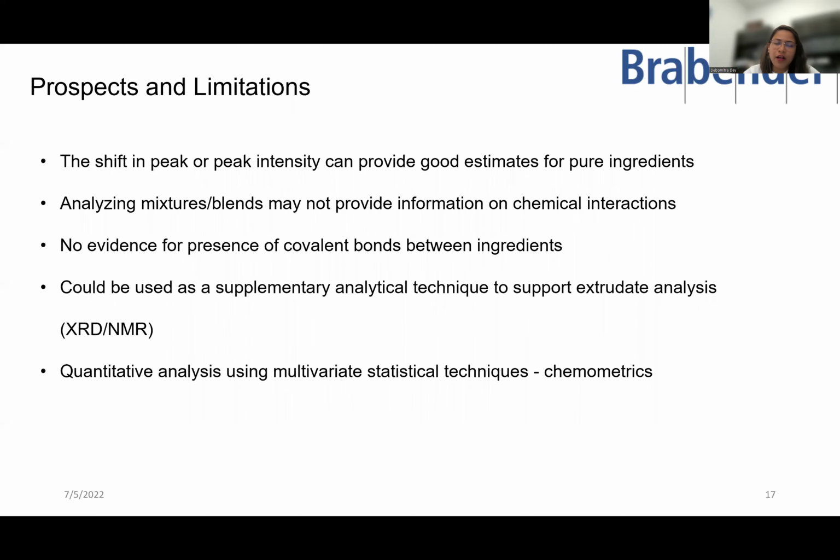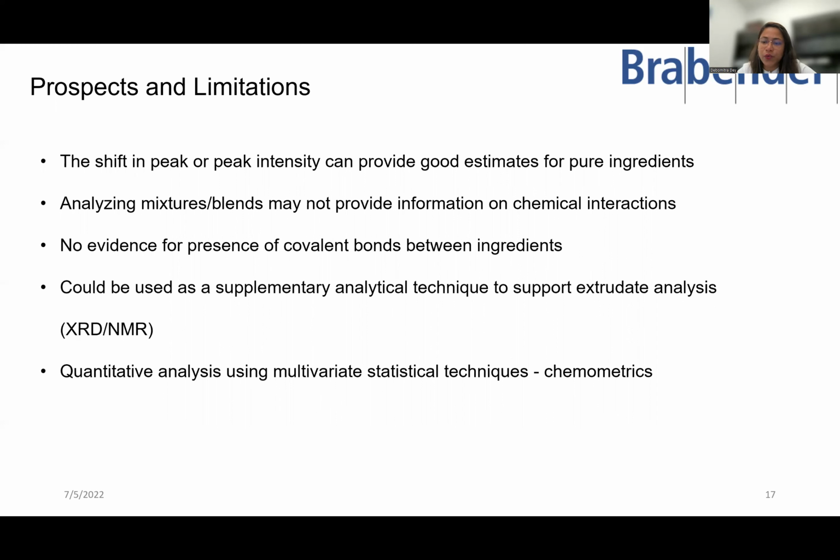So that's the reason FTIR spectra cannot possibly help us to understand all the changes, but it can definitely be used as a supplementary technique, in combination with either XRD or NMR, to further our understanding of what exactly could happen in a particular region. And till now, most of these studies concentrated on the qualitative aspect of what could possibly happen with the use of FTIR in understanding the process-induced changes.